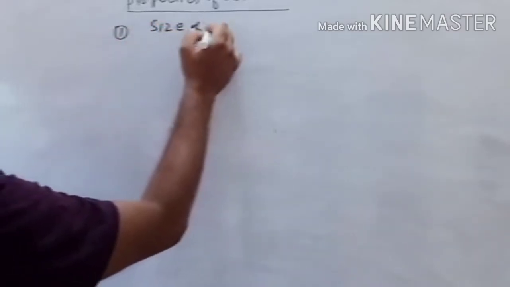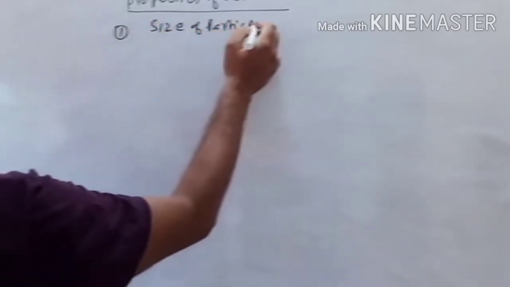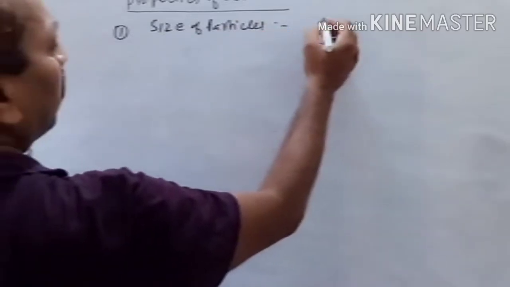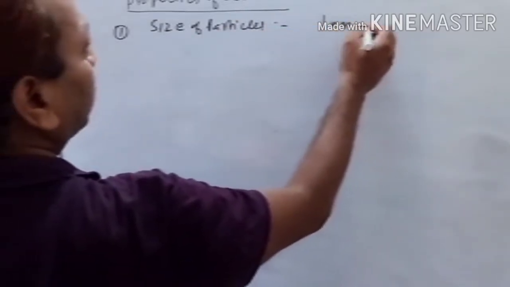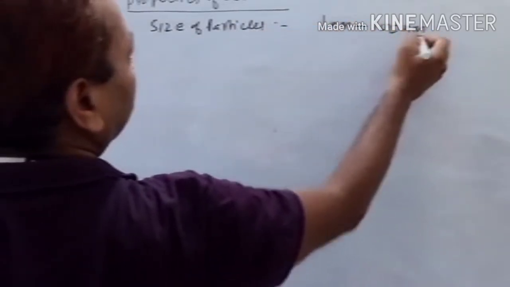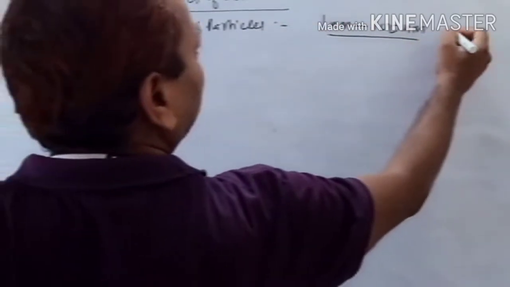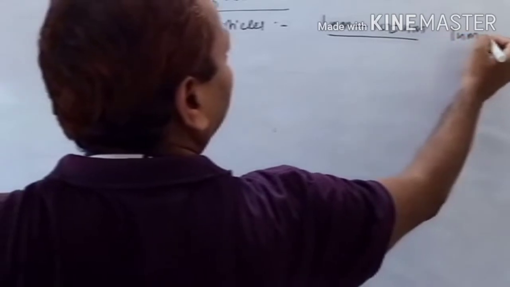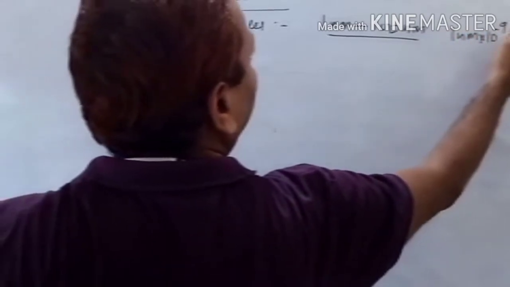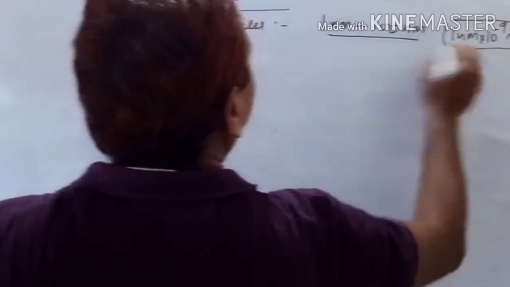Colloidal particles, as we all know, range from 1 nanometer to 100 nanometer. So this is the particle size range of colloidal solution. We all know 1 nanometer is equal to 10 to the power minus 9 meter.